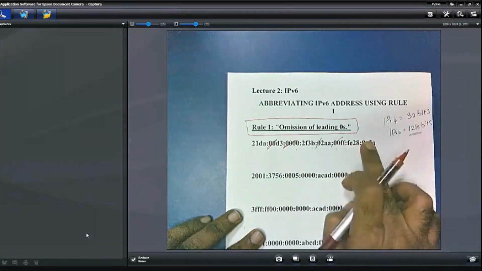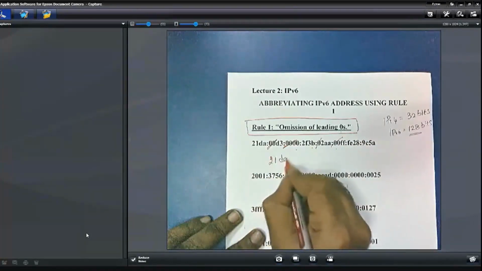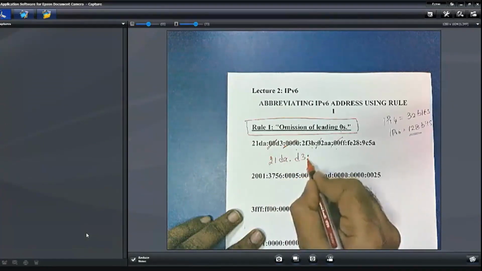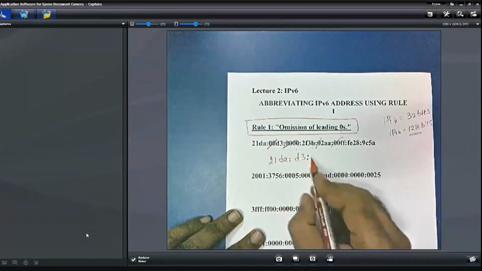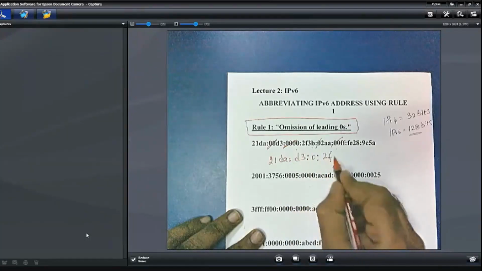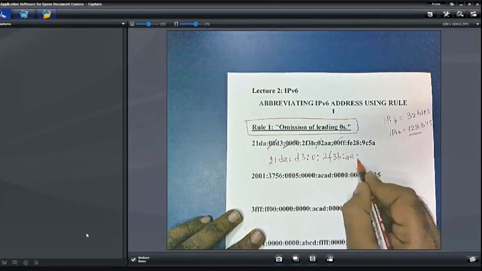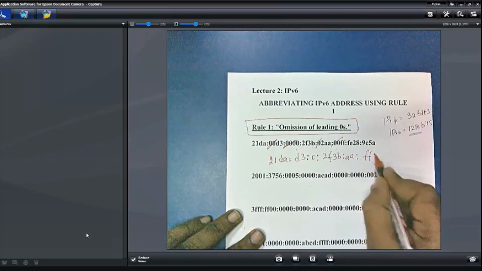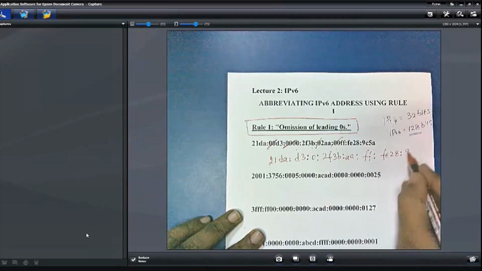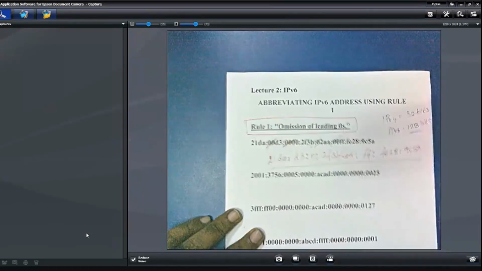The remaining thing I write as it is: 21, DA, D3, double colon, then 0, colon, 2F3B, colon, AA, colon, FF, colon, FE28, colon, 9C5A. This is after applying the first rule.